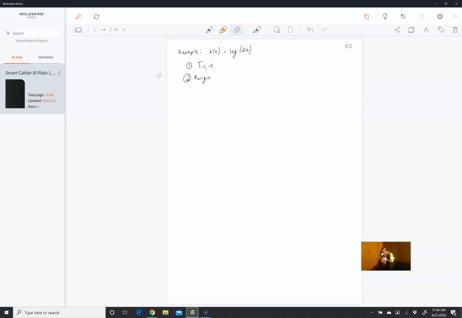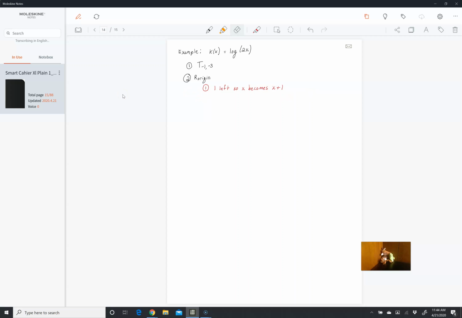Okay. So once again, we do one at a time. So we're going 1 left. So x becomes x plus 1. Right? When we go, this negative means that we're going to the left. But when we go to the left in a function, we add. So 1 left, so x becomes x plus 1.